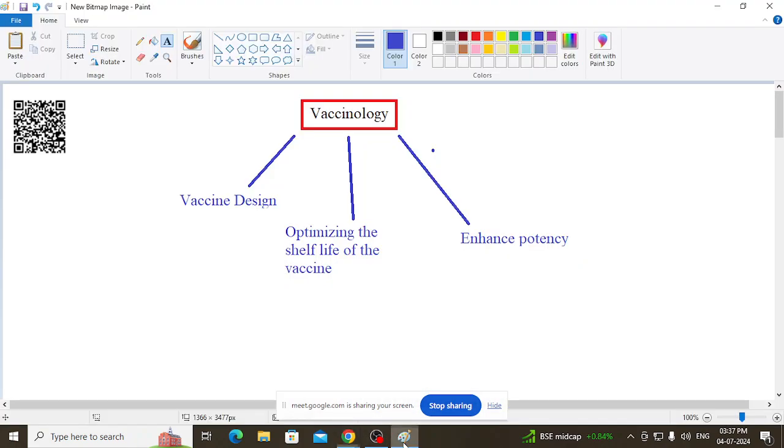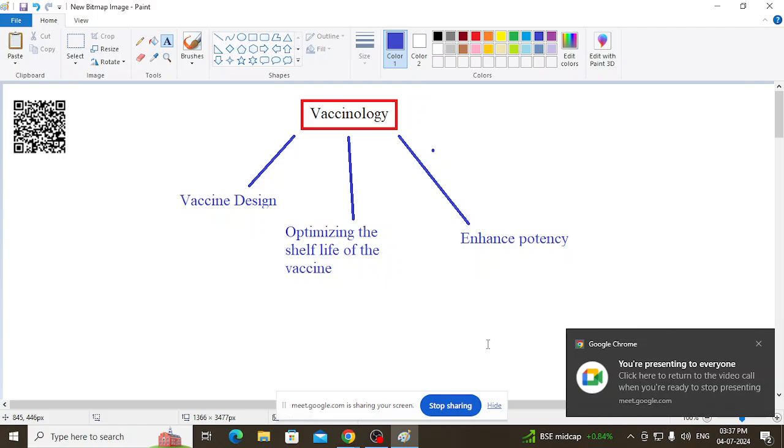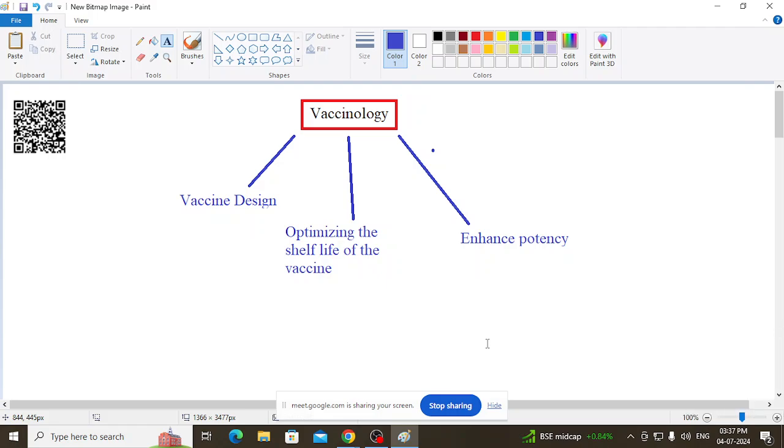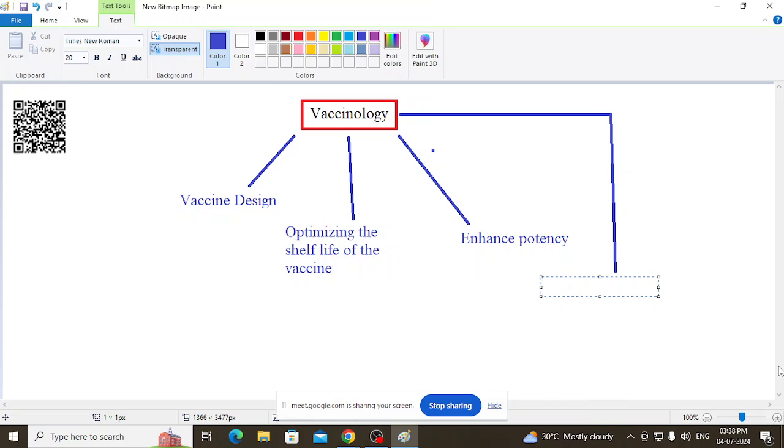So there are some interesting things as well. For example, first of all, we should understand what exactly are vaccines and how do they work. There are multiple types of vaccines that I think you are already aware of. Some of the types are subunit vaccines, which are essentially genetically engineered vaccines.